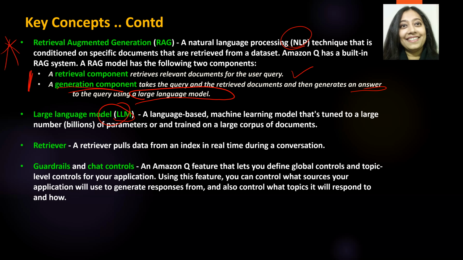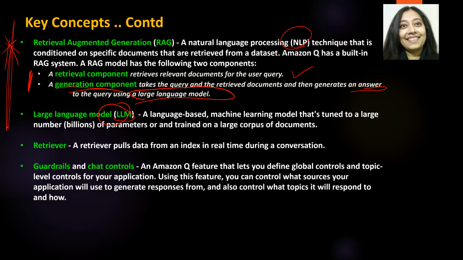RAG has a retrieval component and a generational component, and the generational component uses an LLM, a large language model, to generate and curate its response before giving it to the user. The retrieval component retrieves the documents for the query, of course, as per the authorization of the user who is asking that particular query. So hopefully these two concepts are clear.